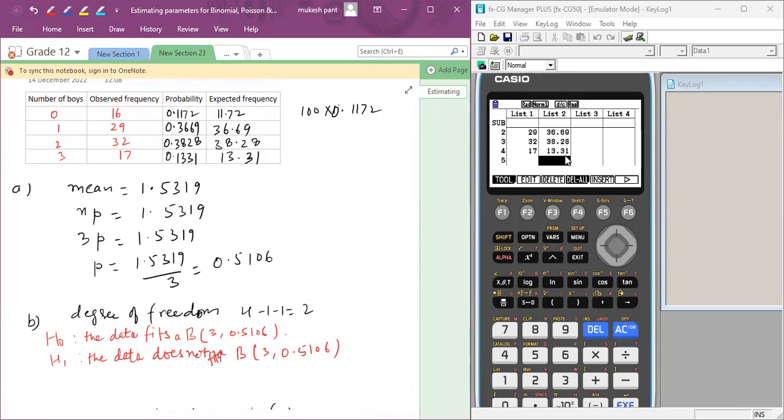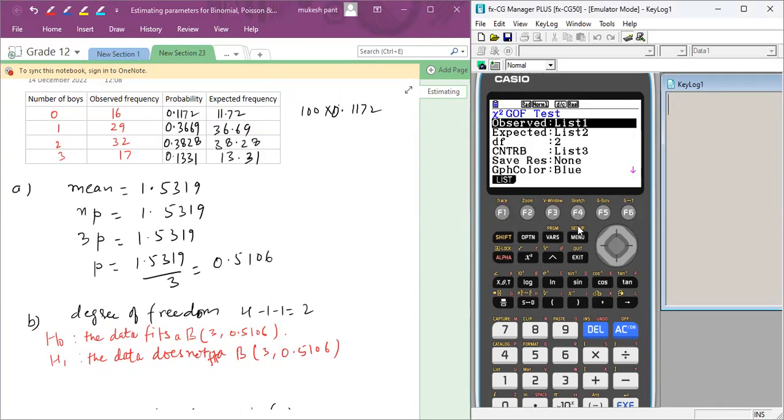So I have input all the values in list 1 and list 2. Let's perform the test. We have test, chi-square test, GOF. The degree of freedom is 2, which is correct. Execute.